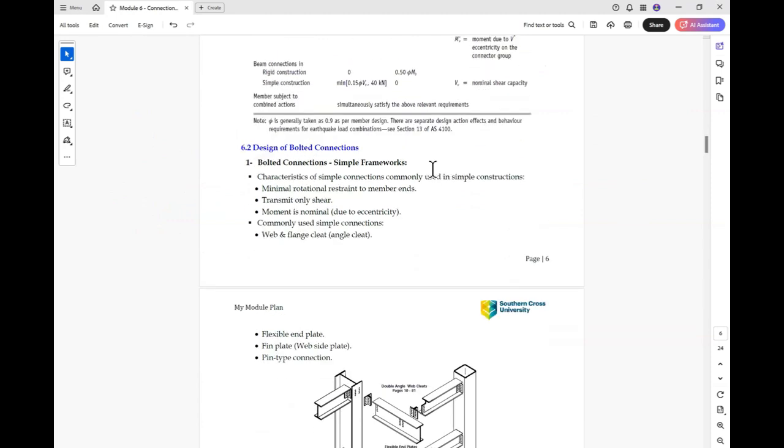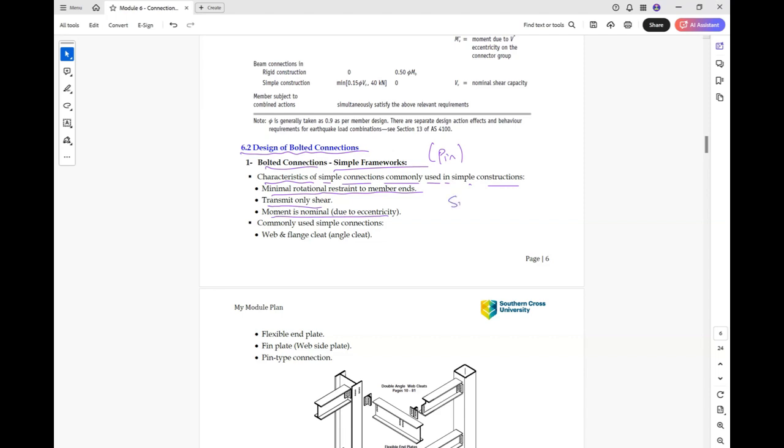Okay, so now if we go to section 2, we have the design of the bolted connection. Firstly, the simple framework or pin connection. Characteristics of simple connection commonly used in simple construction: minimal rotation restraint to member ends, transmit only shear, moment is nominal due to eccentricity.